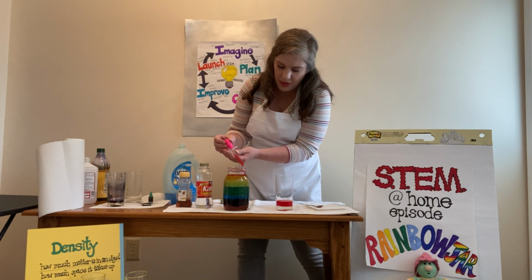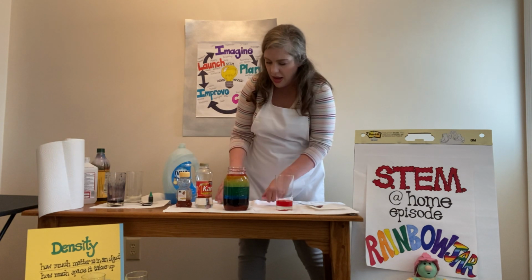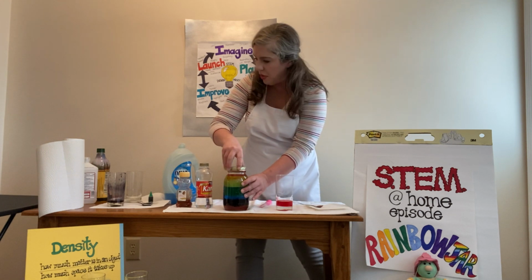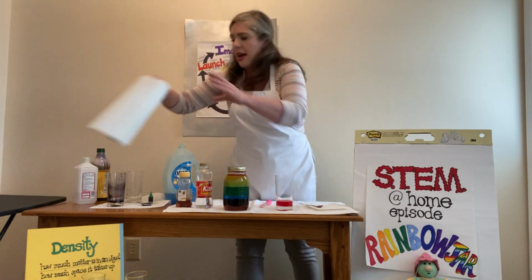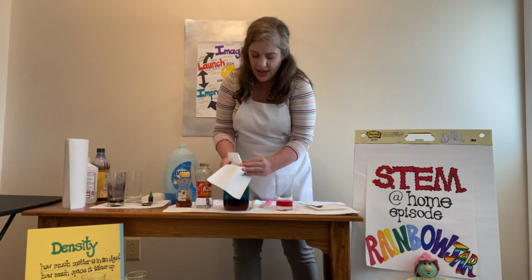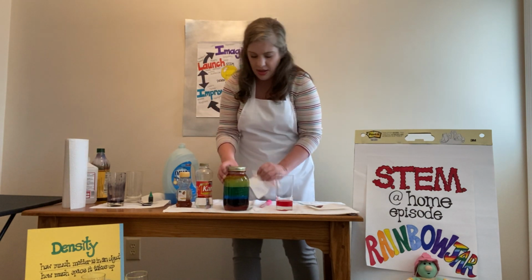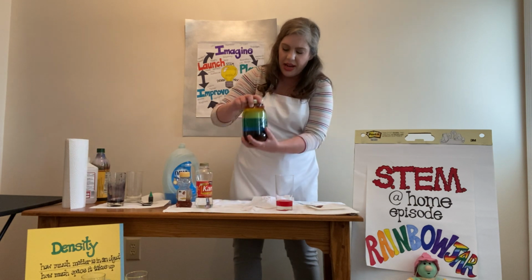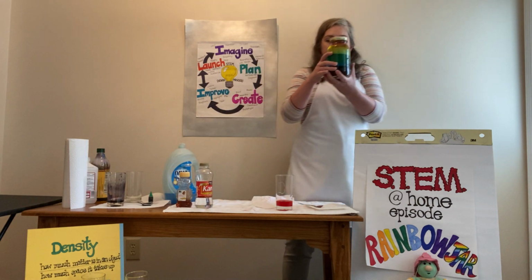And I'm almost done. So I really hope that you guys enjoy doing this project because I think it comes out really cool. Now, after I've sealed my lid on, I'm going to wipe the edges. Okay, and then I'm going to make sure the lid's on tight.